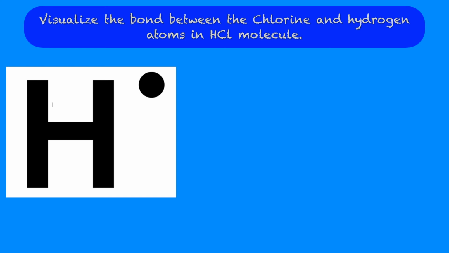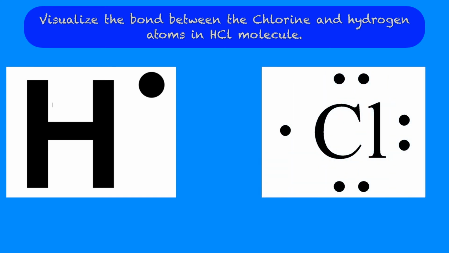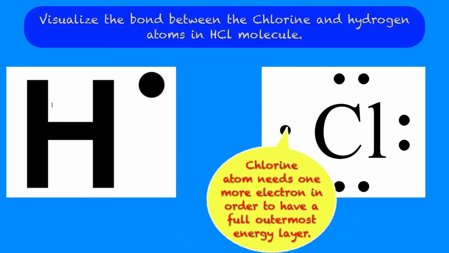Similarly, chlorine belongs to column number 7. And then, how many valence electrons does chlorine have? It has 7 valence electrons. When chlorine has 7 valence electrons, how many electrons does it need in order to have a full outermost energy layer? It just needs one more electron. Very good, it needs one more electron.